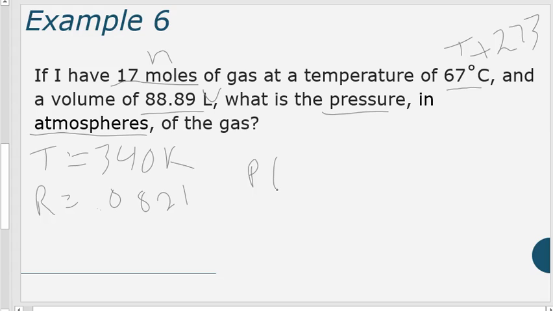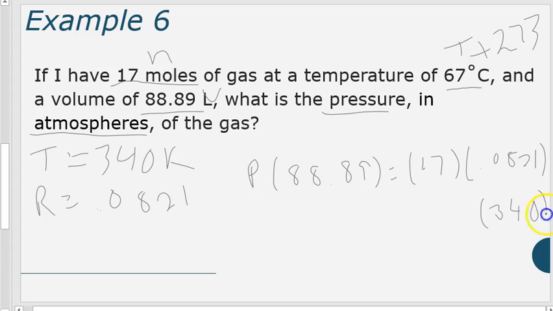We have volume, which is 88.89. That equals our number of moles, which is 17, times R, which is 0.0821, times our temperature, which we calculated at 340 Kelvin.